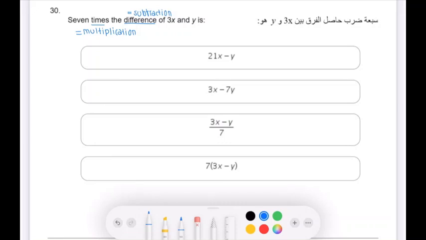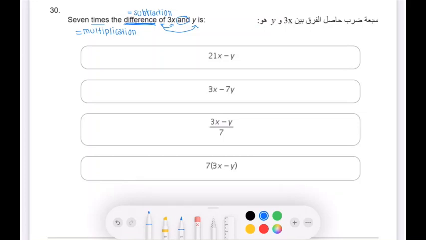Now, usually, when we see the word and, we think about addition. But in this case, it's going to be different because we see the word difference of 3x and y.